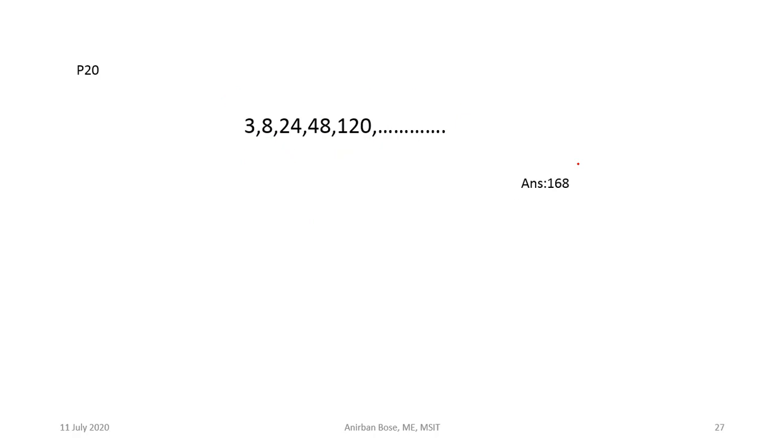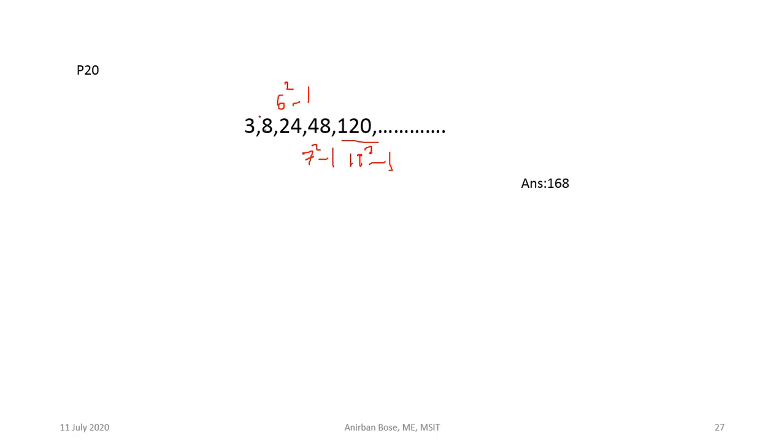Now see problem number 20. So 3, 8, 24, 48, 120. Okay. So if you see, these are basically square terms minus 1. You see carefully. This is 11 square minus 1. This is 7 square minus 1. This is 5 square minus 1.